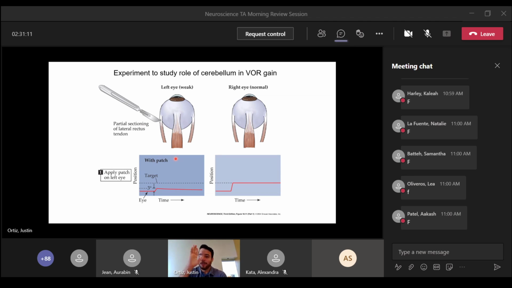The right eye is going to be perfectly aligned with that object. But the left eye is not going to be able to make it. It'll actually undershoot, because the left eye is weak and the lateral rectus isn't there, right? So it won't be able to do that. It's actually going to undershoot.